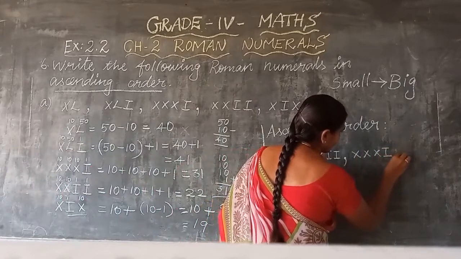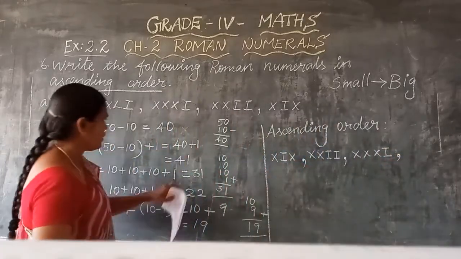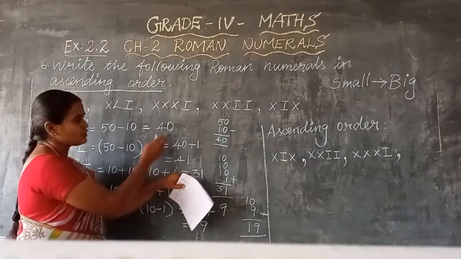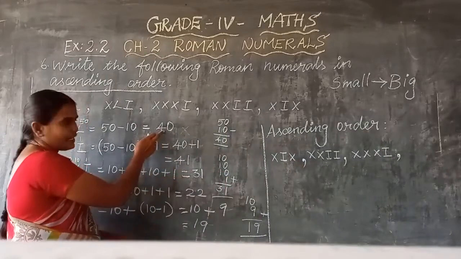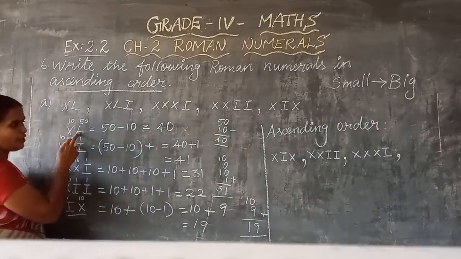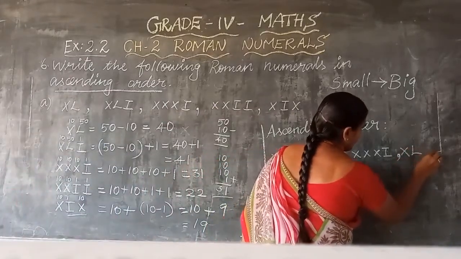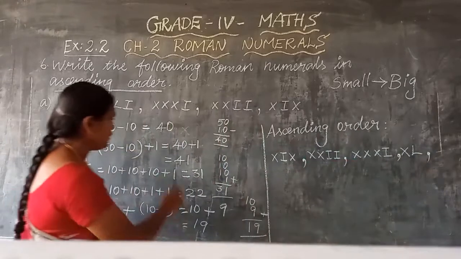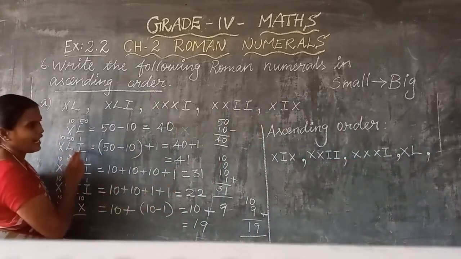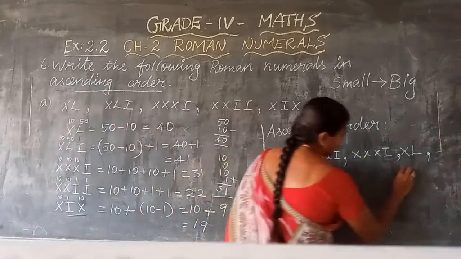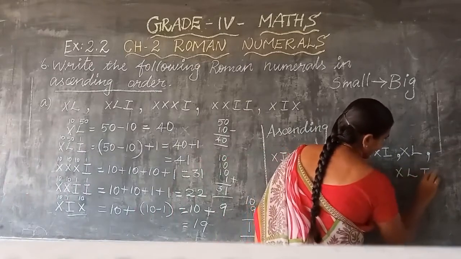XXXI. Next, 40, 41. Which is the small number? 40. What is the Roman number for 40? XL. Next, last one, 41. XLI. So I write here XLI.